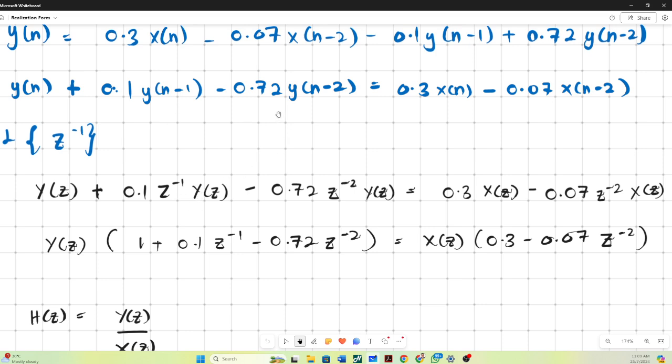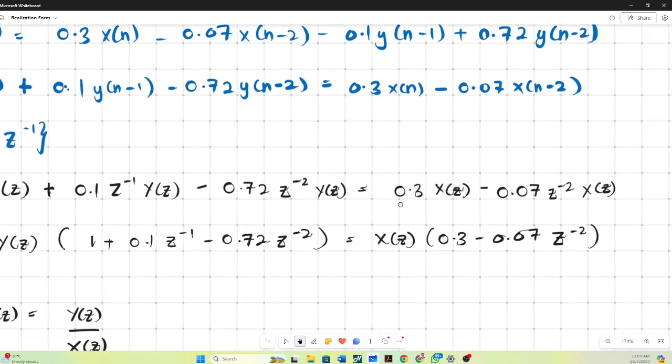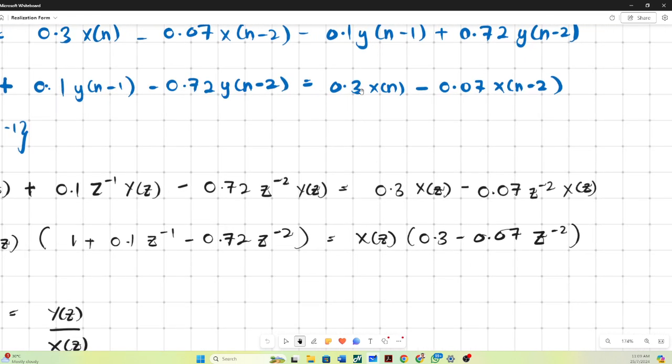Next, minus 0.72 y[n-2] becomes minus 0.72 z^-2 in terms of Y(z), right? Now we look at the X part.